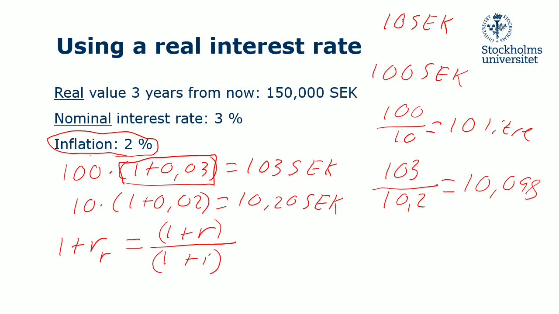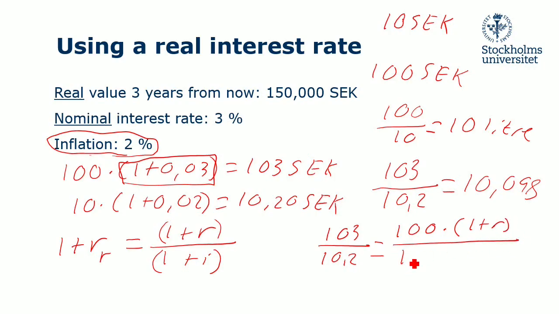And why is this the same thing as we did with milk? Well, when we looked at the milk example, we took 103 divided by 10.2. But 103 is the same thing as 100 times 1 plus R. And the price of milk increased by 10 times 1 plus the inflation rate.